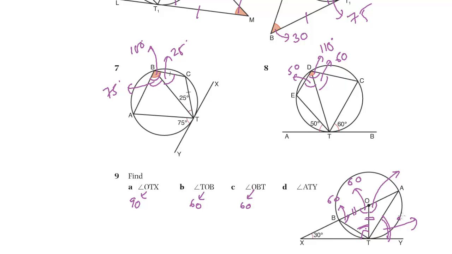If this angle is x, this angle is twice x, because by the alternate segment theorem, this angle is the same as the angle at the circumference, and the angle at the center is double the angle at the circumference, so this angle should be double at the center. Same rule. So if this is 60, by straight angle, this will be 180 minus 60, which should equal 120. If this is 120, half of that is 60. So this is 60 degrees.